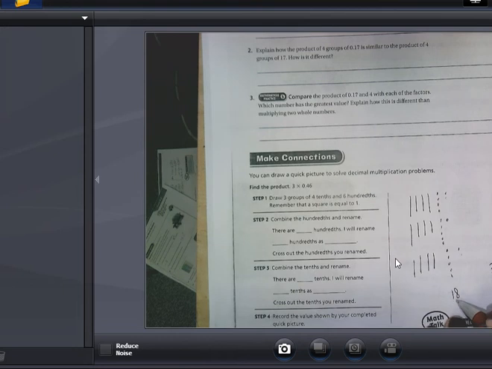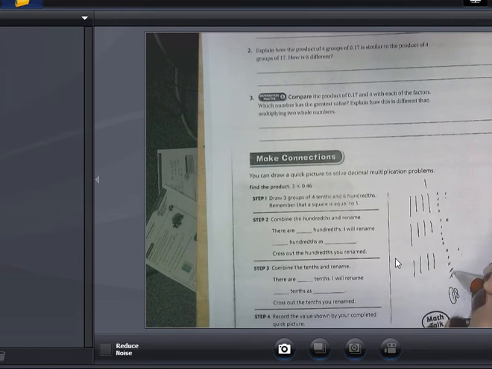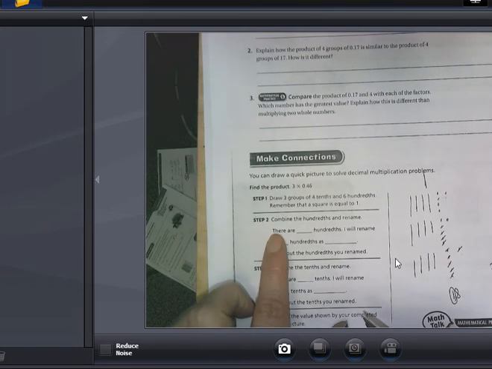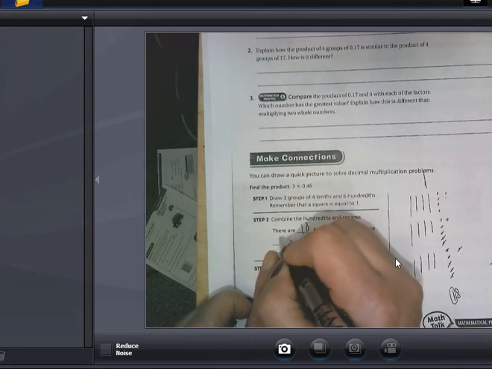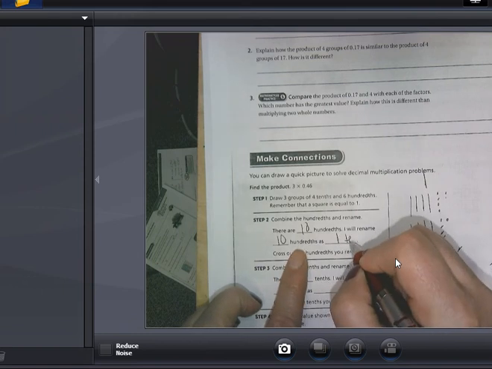Well, I can't write 18 hundredths, so I have to regroup, and this one would become a tenth, because I need to take out 10. I'm going to take those out and I'm going to regroup. So there are 18 hundredths. I will rename 10 hundredths as 1 tenth.